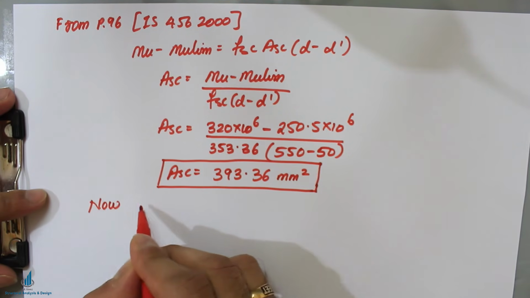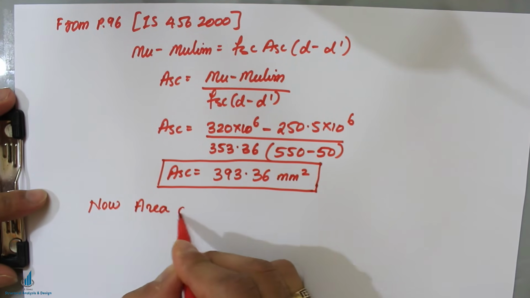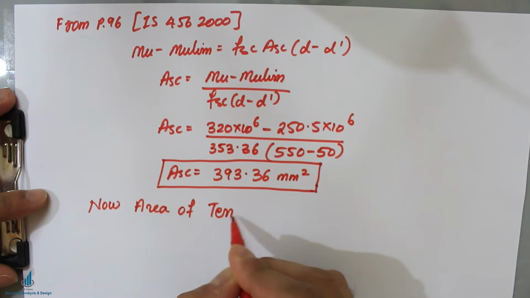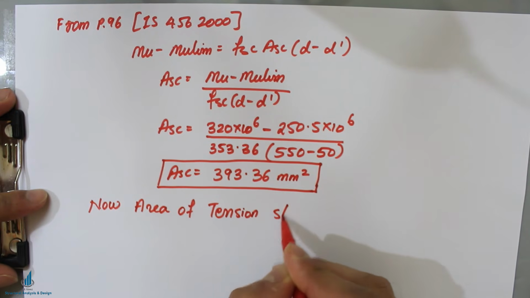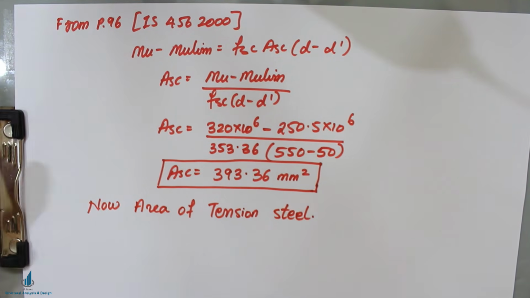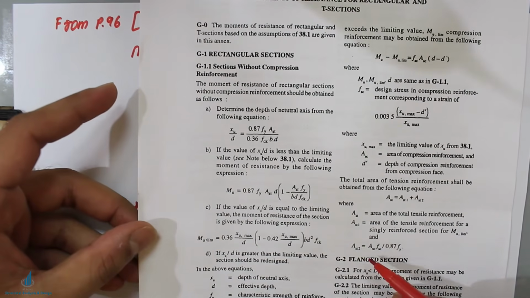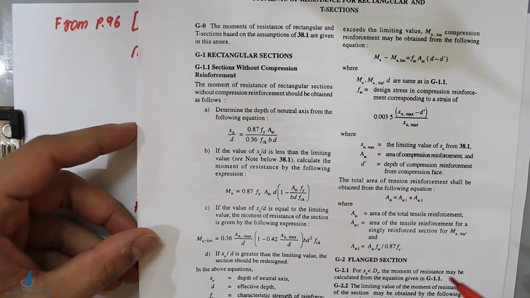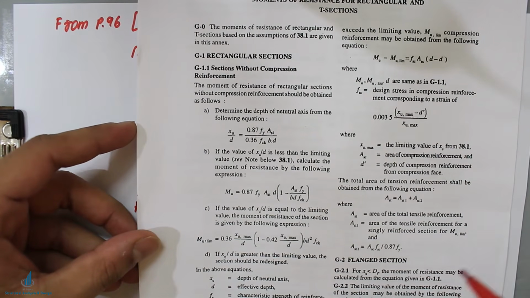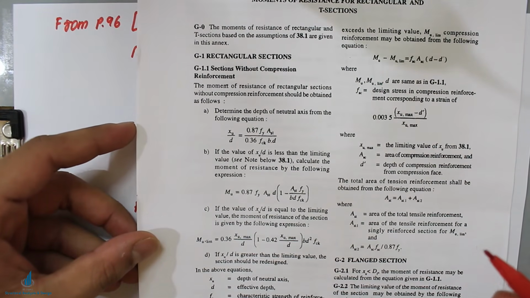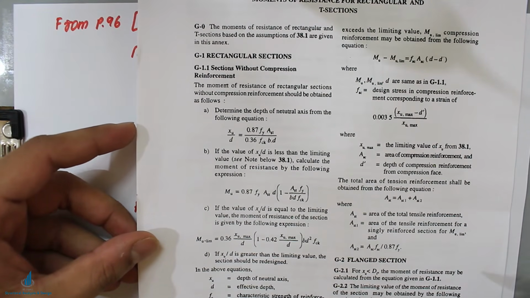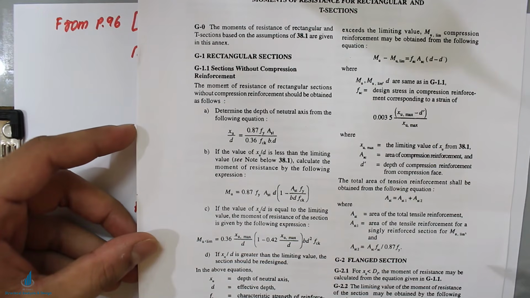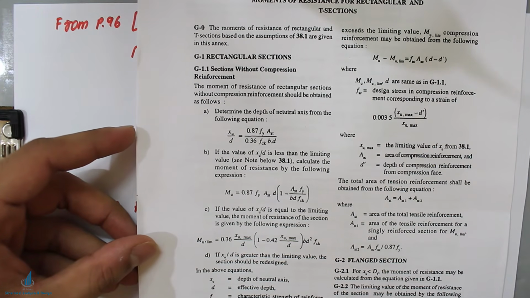Now area of tension steel. If you go back to page number 96, they have given how to calculate Ast2. Ast1 is nothing but the area of reinforcement required for the singly reinforced section. In one of the videos, whose link I will share in the description box, I have told you the difference between Ast1 and Ast2.